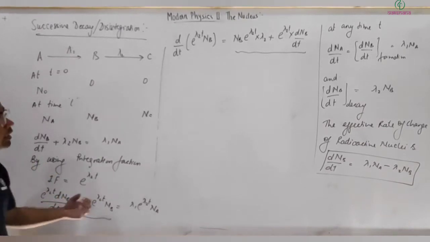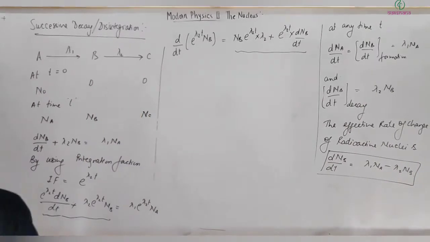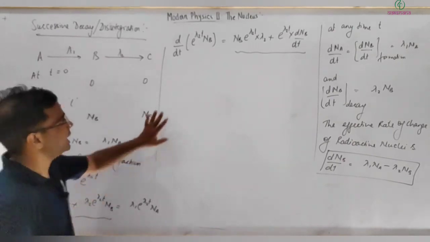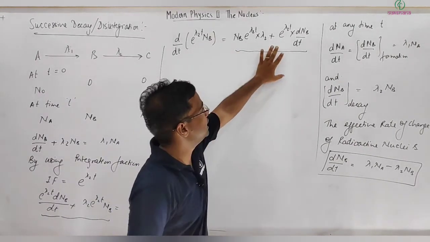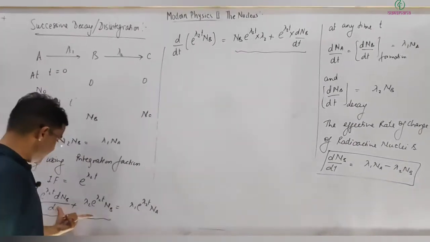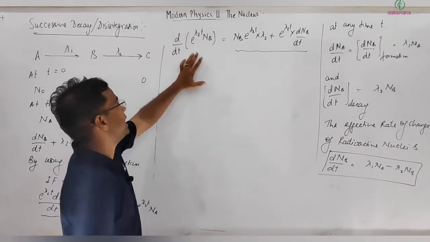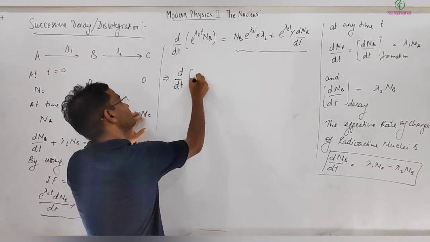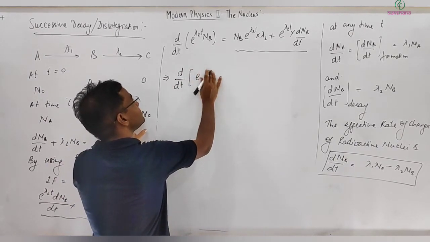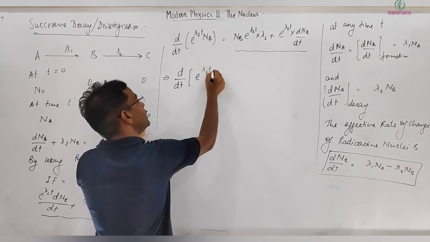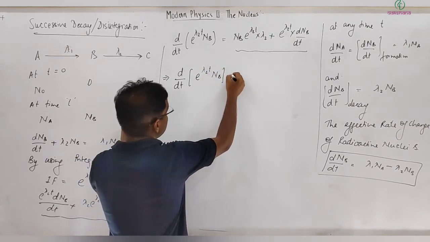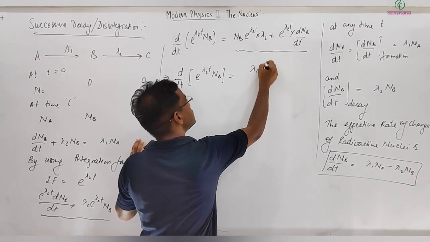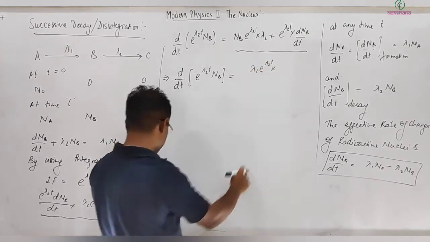So we got this. Now see this quantity. From here we got that this relation is equivalent to this. Now by using this, I can write this term as equivalent to that, and this implies d by dt of e raised to power lambda 2 into t into nB equals lambda 1 e raised to power lambda 2 t into nA.